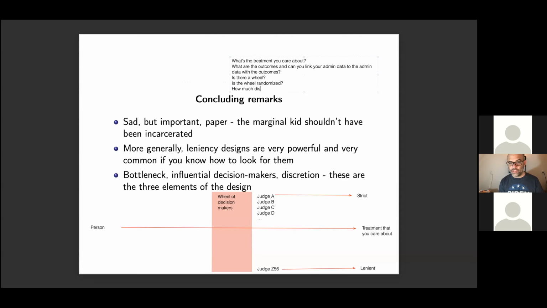How much discretion do the decision makers have? Do they follow a strict script? If they do, the first stage may be weak. If they don't, and they are biased, then the first stage may be strong, okay?